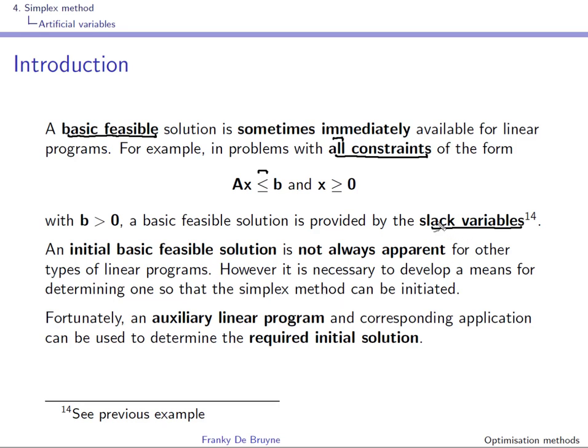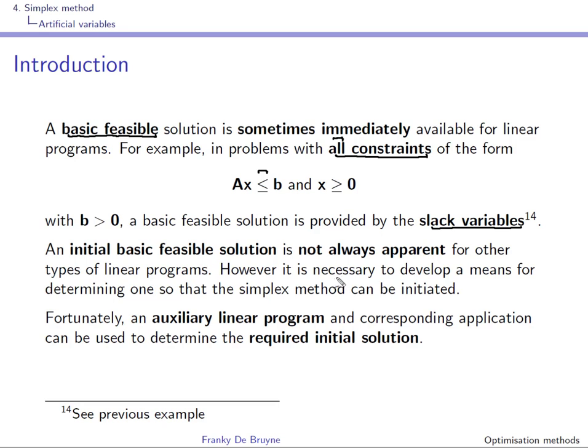So you can use the slack variables as basic variables, and a basic feasible solution is then very easy. This has been the case in all our exercises so far.